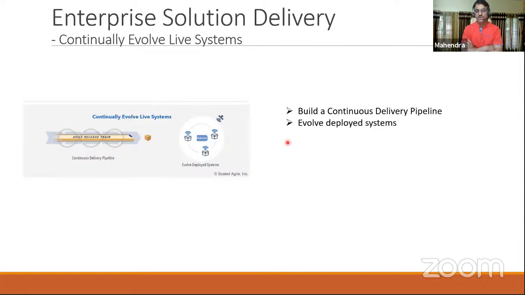So to answer your question, WIP applies everywhere. In the big picture of the Scaled Agile Framework, you have a portfolio Kanban, a Kanban at the program level, and at the team level also. So WIP applies across the board.